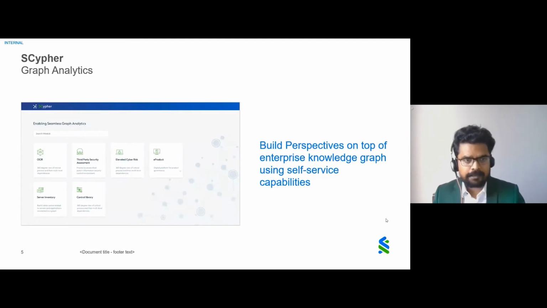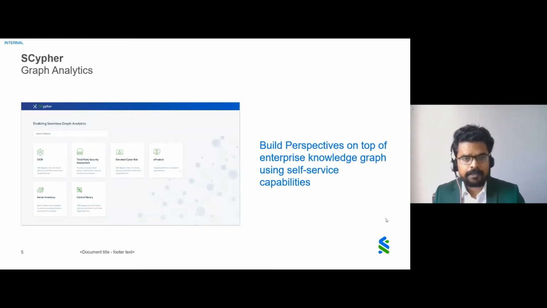Now the users can set up their own modules, or they can build their own perspectives within Cypher using self-service capabilities. There are plenty of use cases we already started to build, and the way our business uses Cypher is absolutely self-service, which means they can onboard a new perspective in any area, and they can tap onto the enterprise knowledge graph, and choose what part of the knowledge graph they need to onboard to build their perspectives.